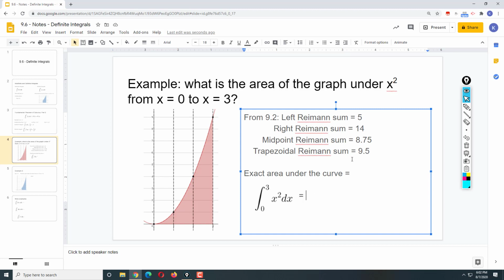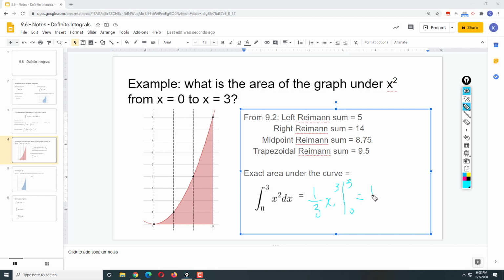That's going to equal, we write it this way. So the integral of x squared is 1/3 x cubed. I write this vertical line like this, from 0 to 3. That means we evaluate our antiderivative at 3 minus our antiderivative at 0.